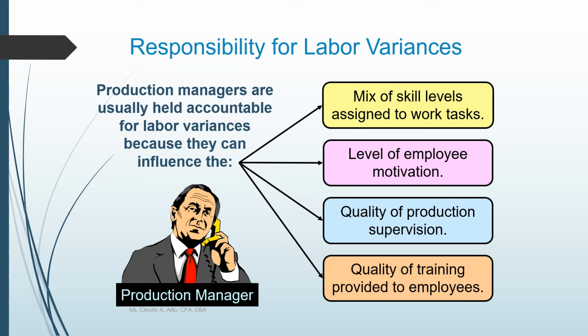Second is the level of employee motivation within the department. Another factor to consider is the quality of your production supervision. And lastly, you can also consider the quality of the training provided to the employees.